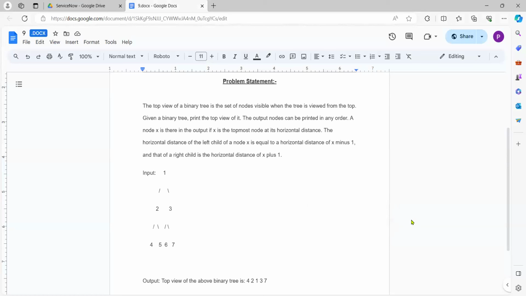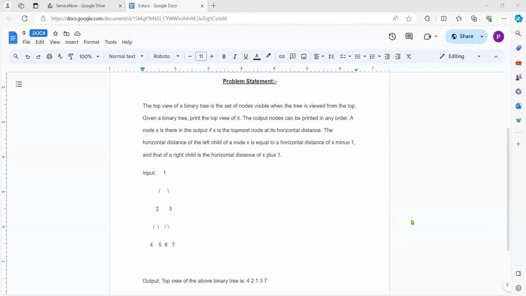This problem is related to trees. Very simple. If you understand this one, you can solve 5 to 6 more varieties of this. So what is given?